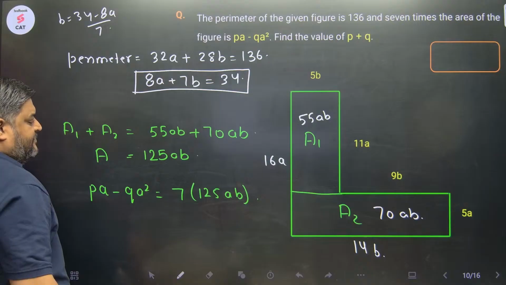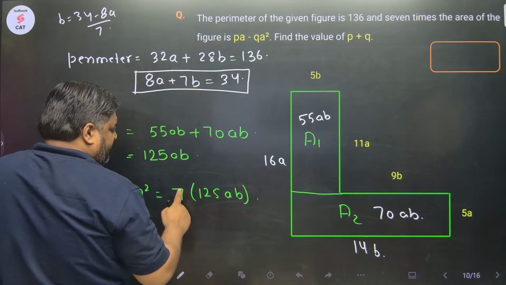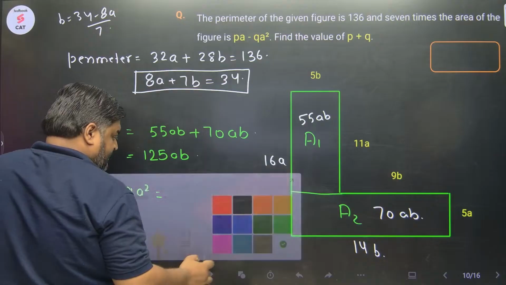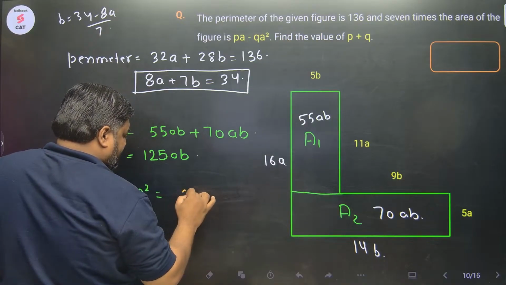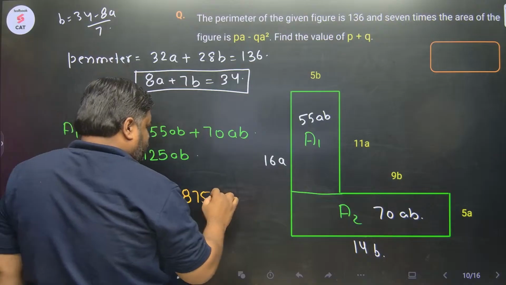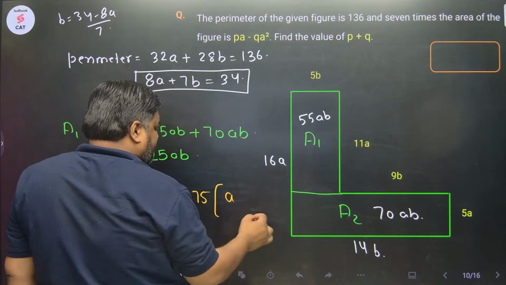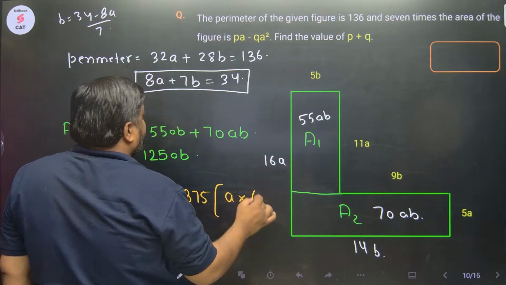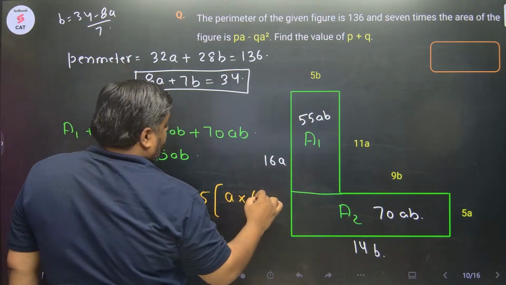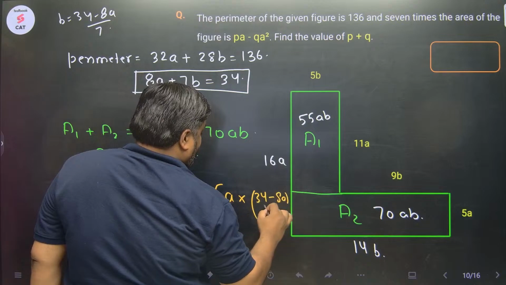So 7 into 125 is 875. I can write this as 875, and then A into AB. Instead of B, I can write 34 minus 8A upon 7.